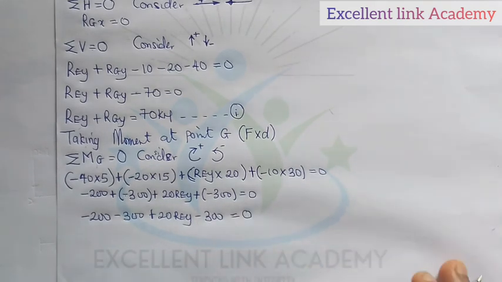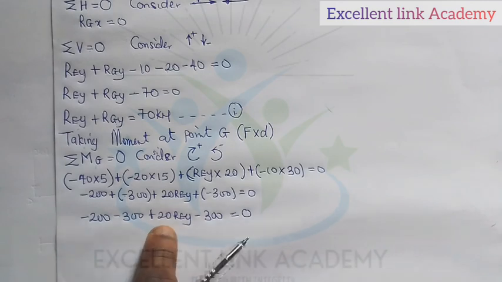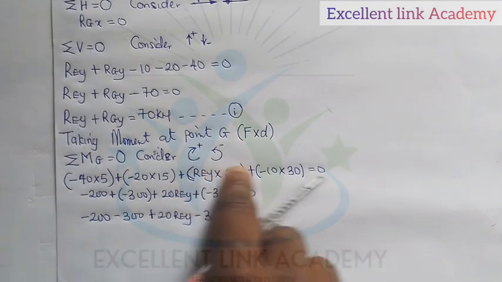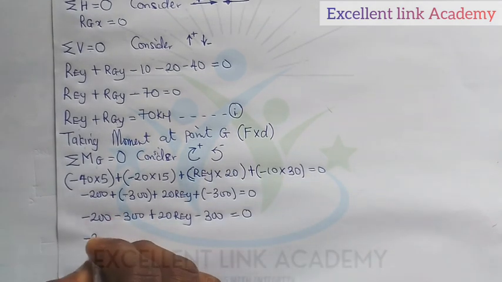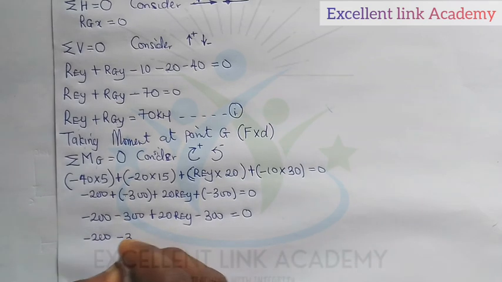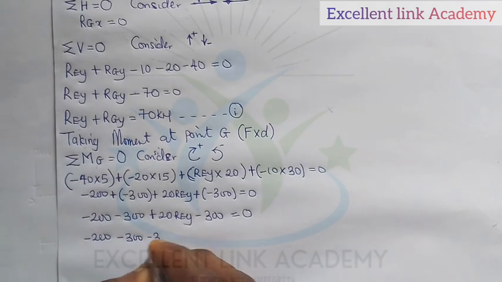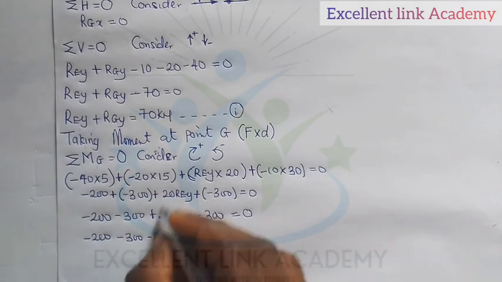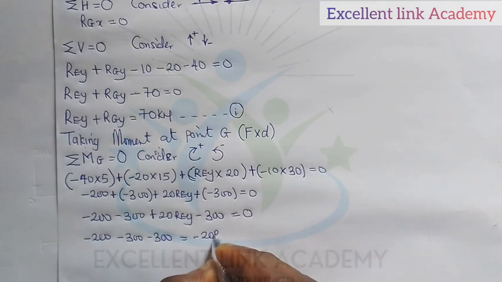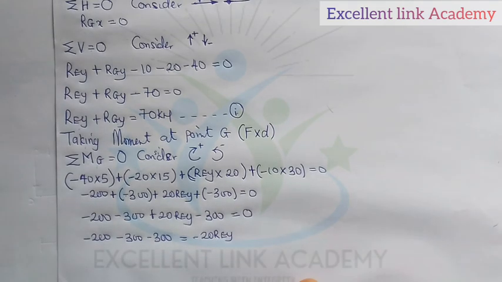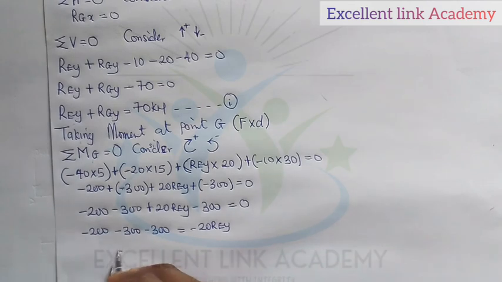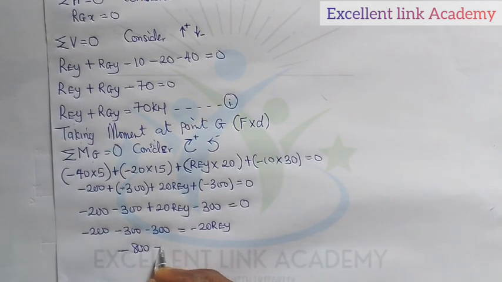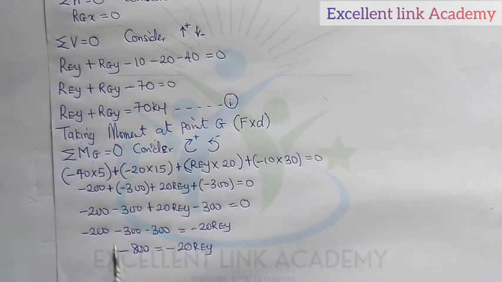Hence, if I take this one, 20 REY, to the other side, that becomes minus 200 minus 300 minus 300 is now equal in value to minus 20 REY. Hence, I'll be having minus 800 is equal to minus 20 REY. How do I get minus 800? It's simply minus 200 minus 300 minus 300.